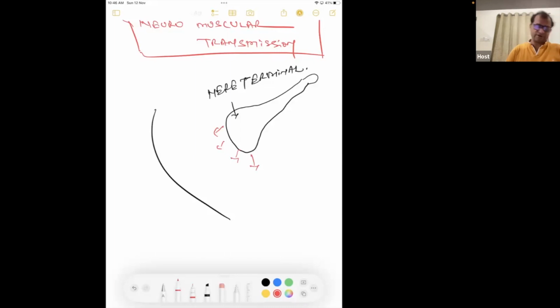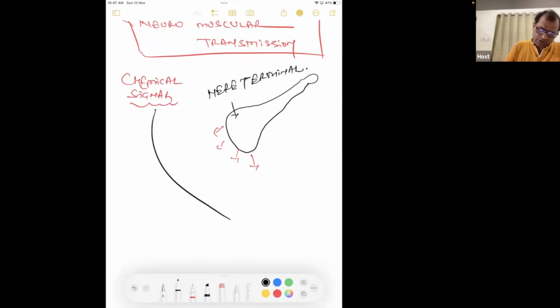And what is that chemical signal? This is a very important thing. If we have a proper idea of this chemical signal, then we can think about myasthenia gravis.